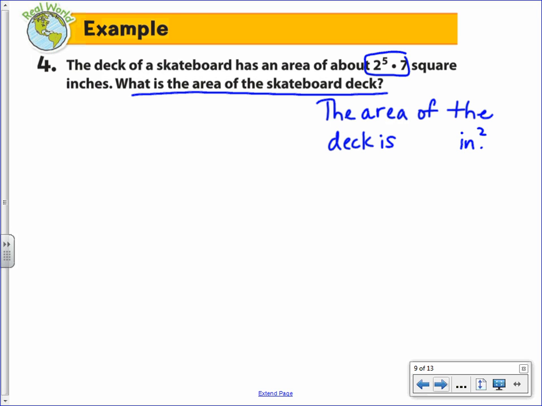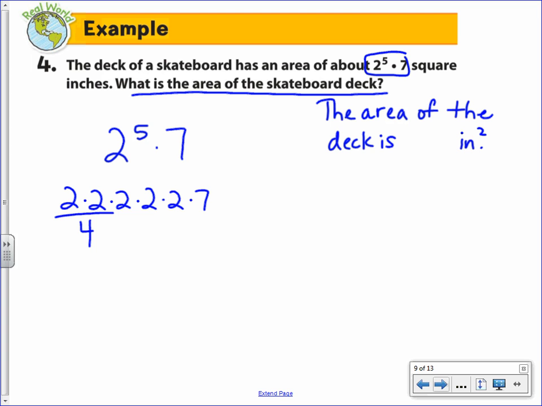Now we have to evaluate 2 to the 5th times 7. 2 to the 5th power means 2 times 2 times 2 times 2 times 2. It's 2 multiplied by itself, repeating factor, 5 times. 1, 2, 3, 4, 5, and then times 7.